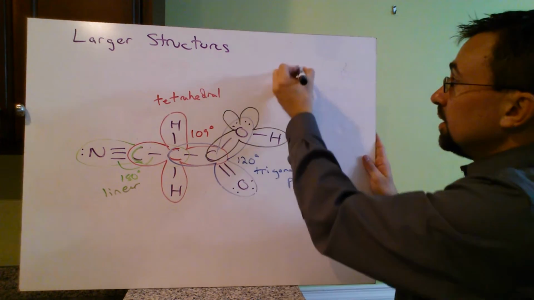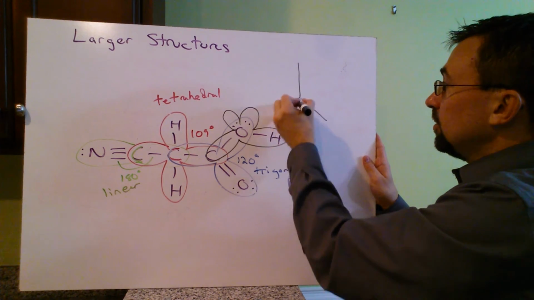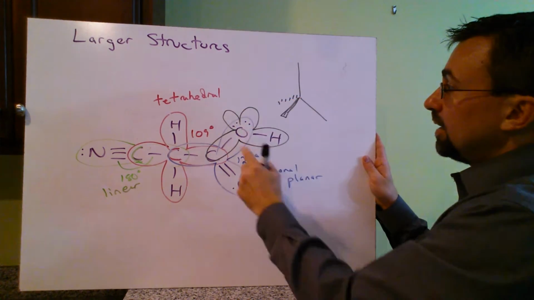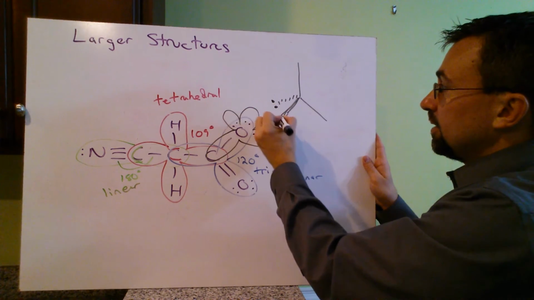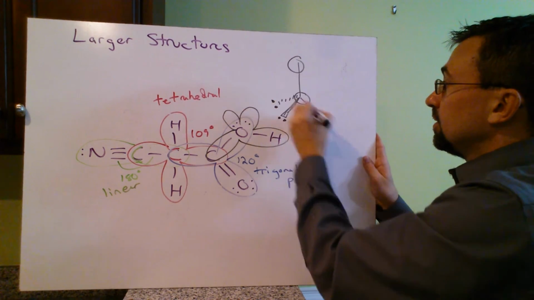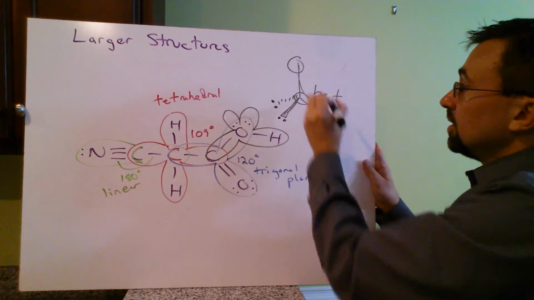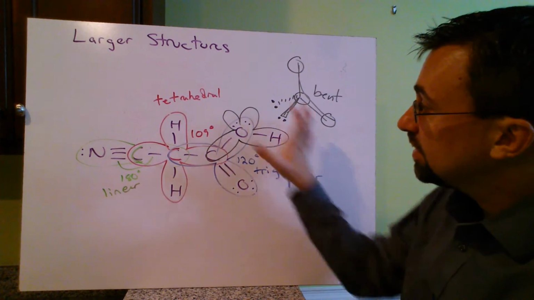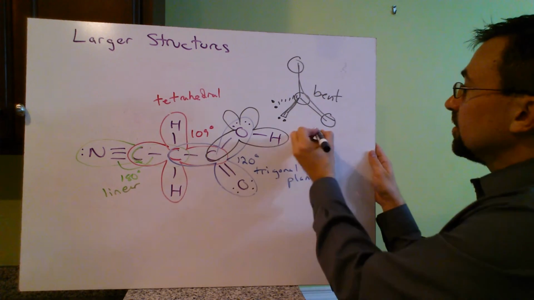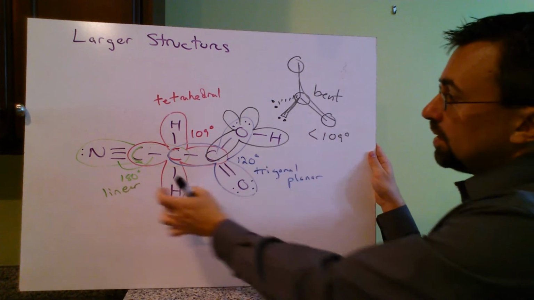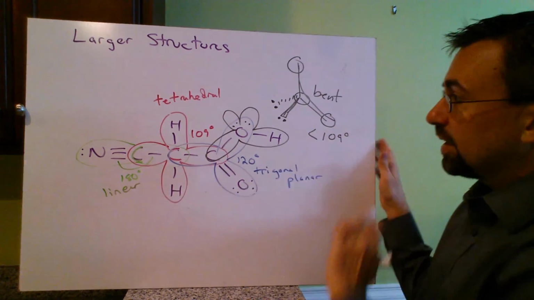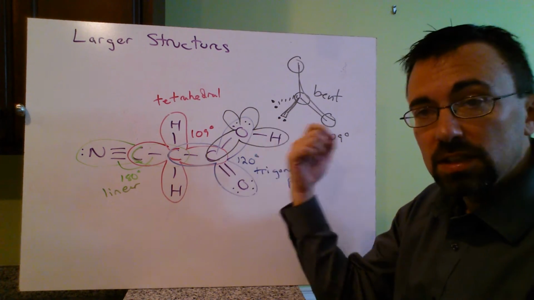This is 4, so we got to take our stick figure with 4, and we have 2 lone pairs, so we're going to map those on. And then we got atoms, so we're going to map those on. And you can see this structure is bent around that oxygen. So this is how you would do this. And mainly what I would do is I would talk about bond angles. 180, 109, 120, 109. But you would take each piece and just individually look at it.